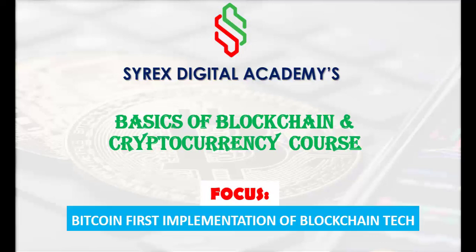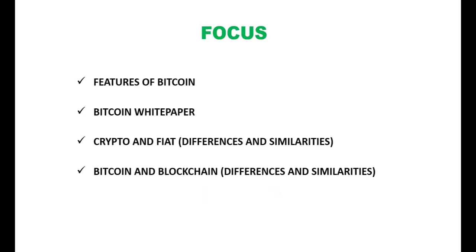So first of all, our focus is going to be on the features of Bitcoin, the Bitcoin white paper. You've probably heard of it. You've probably heard about the Bitcoin white paper, and you wonder how this really works. You heard about crypto and fiat and Bitcoin and blockchain.